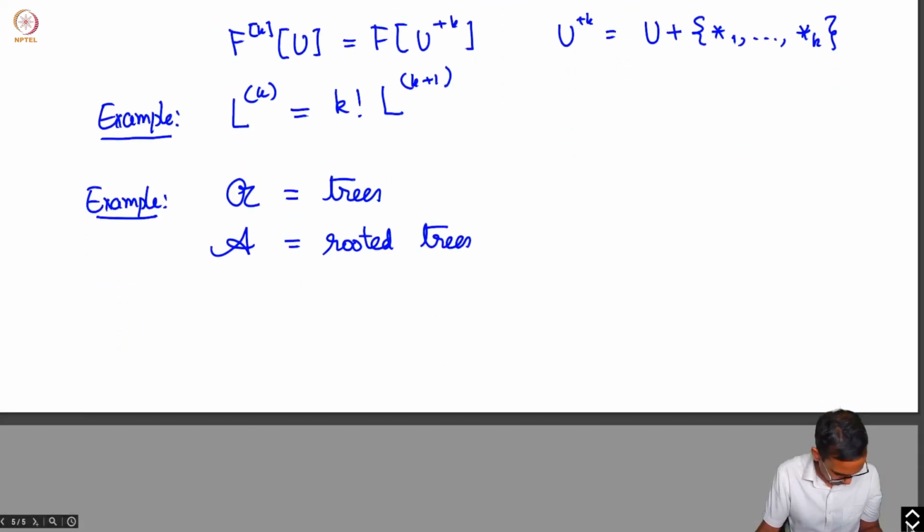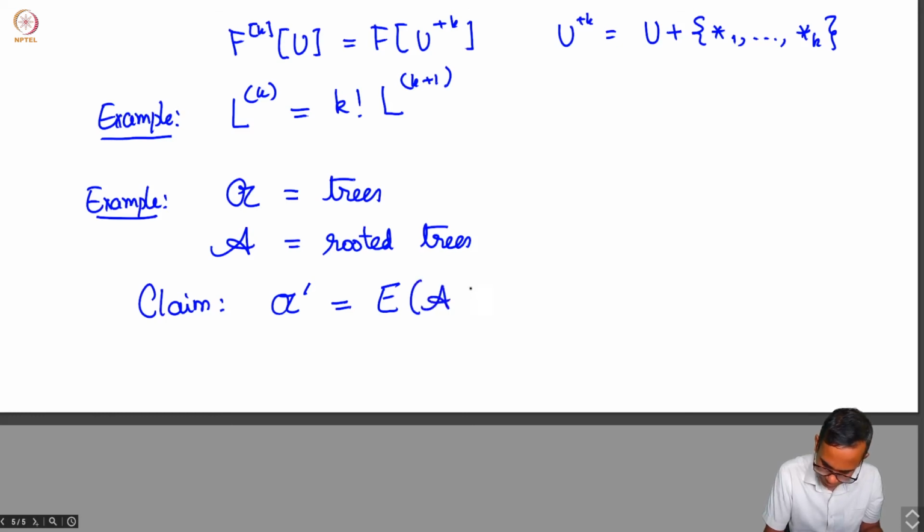Now I claim that the derivative of trees, a prime, is an assembly of rooted trees. And I'll give you a proof without words of this identity.